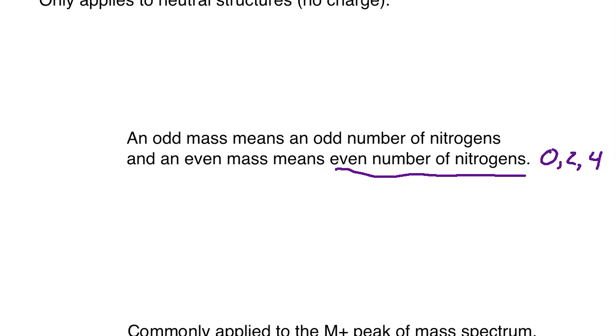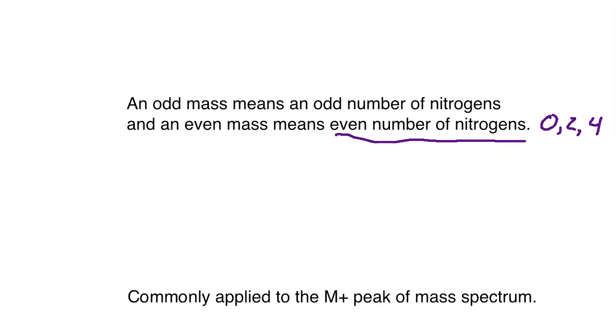All right. Now, to give you a couple of brief examples here, if we were to look at the structure of TNT, which is trinitrotoluene, it would be C7H5N3O6. And when you add all of this up, it's going to come out to 227 as the molar mass.